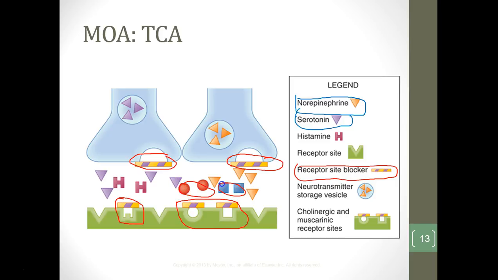So the only ones left available in this competitive environment is the serotonin, which can come in here, or the norepinephrine, which can come in here. So this is our NE, and this is our 5-HT.